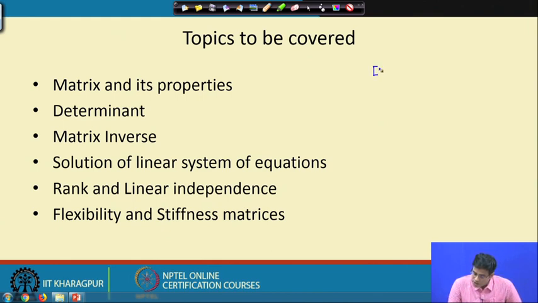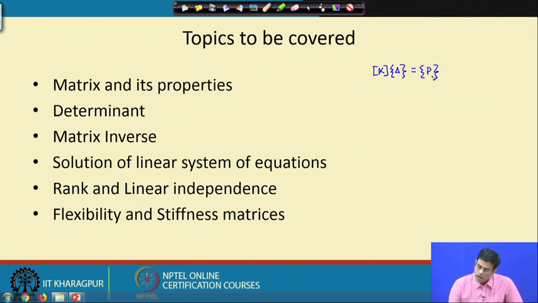One of them is the stiffness method, where the equation will be like this: k delta equals f, where k is the stiffness matrix, delta is the unknown displacement vector, which may contain the rotation also, and f is the known force vector.